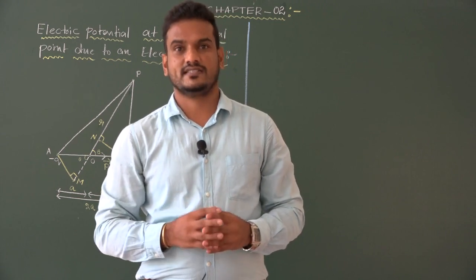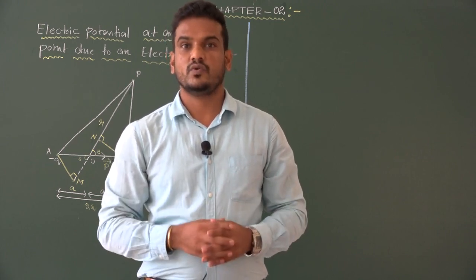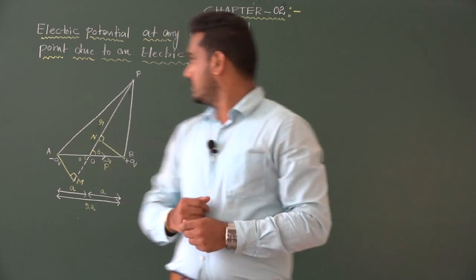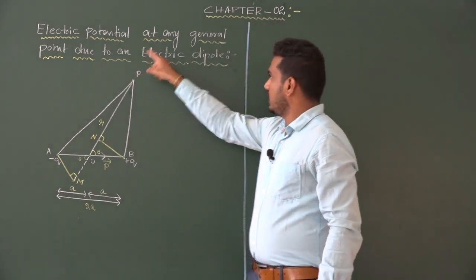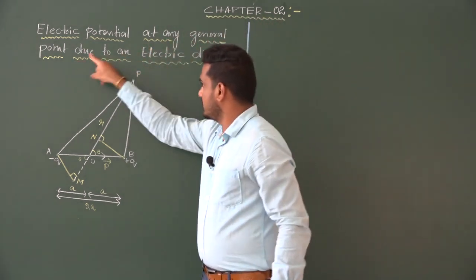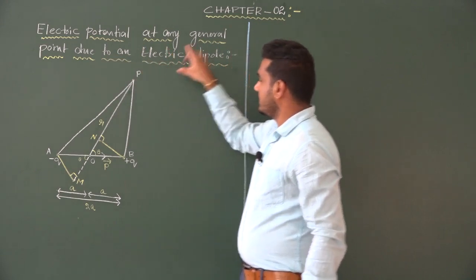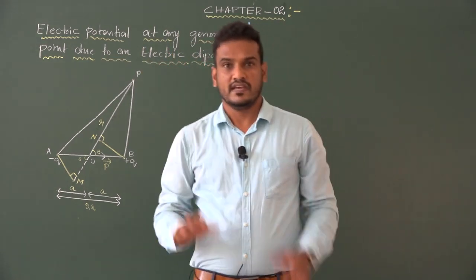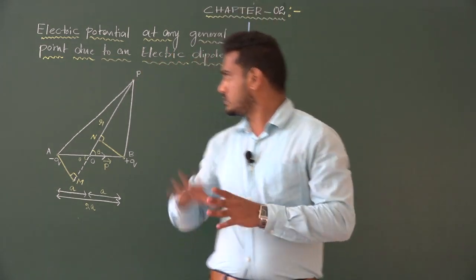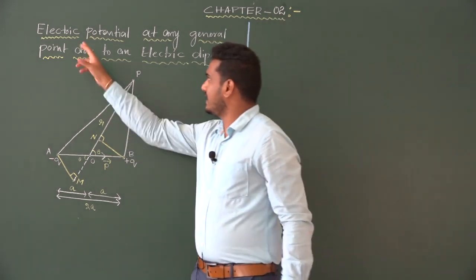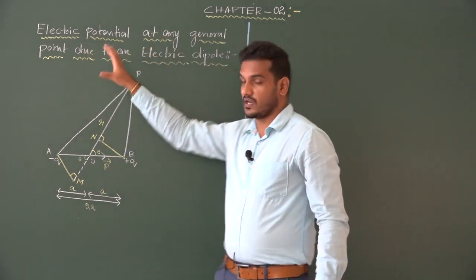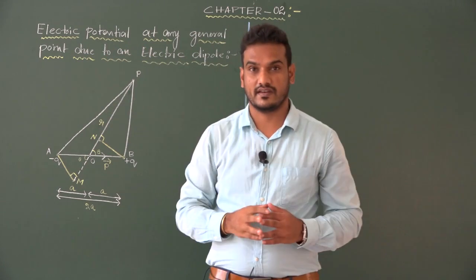So, in this class, let us derive one more derivation, that is, electric potential at any general point due to an electric dipole. Here one thing you can notice: we are finding electric potential at any general point. What does it mean?